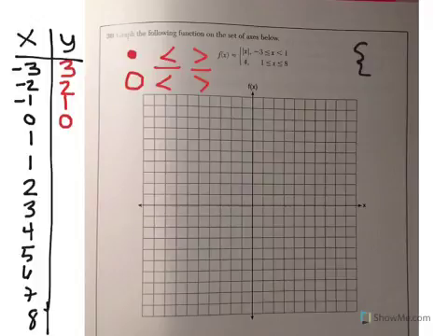So when we get to 1, if you look, this is less than, and it does not have an equal to sign on it. So when we get to 1 in this first function, it's going to be an open circle. And the absolute value of 1 is still just 1.